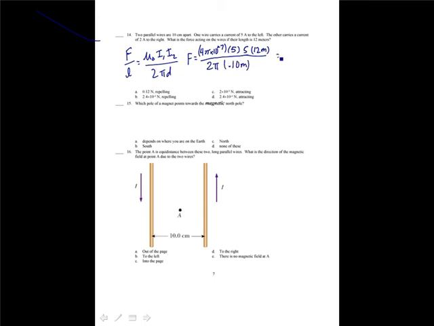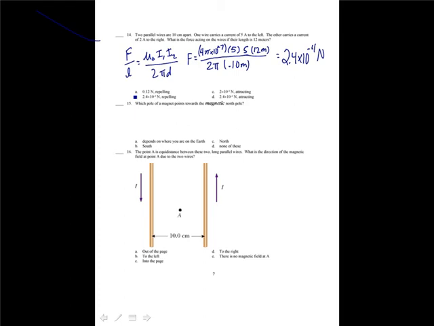So the force, if I calculate this, is equal to 2.4 times 10 to the minus 4. Alright, so that's either B or D, so we need to figure out, are they repelling or attracting one another?